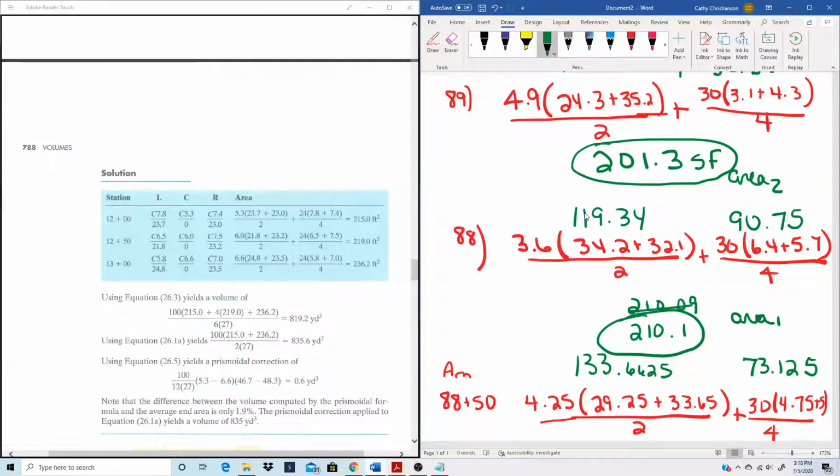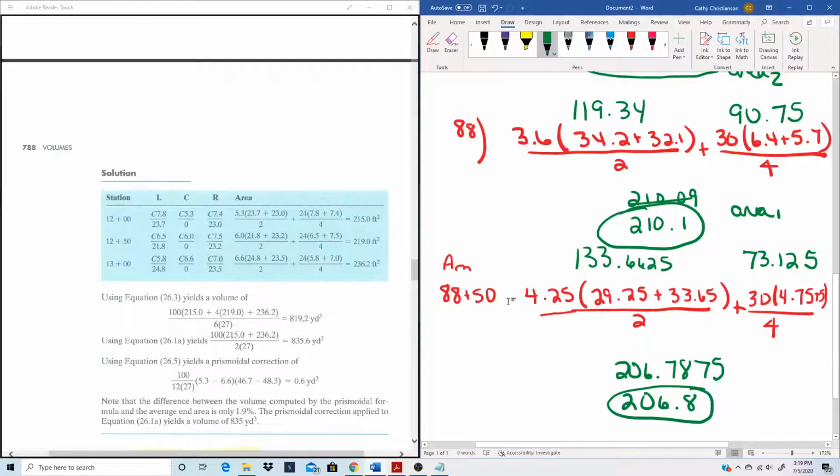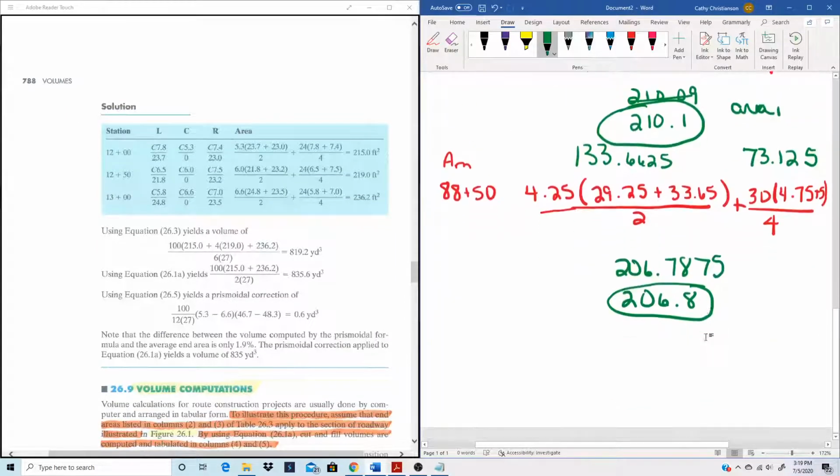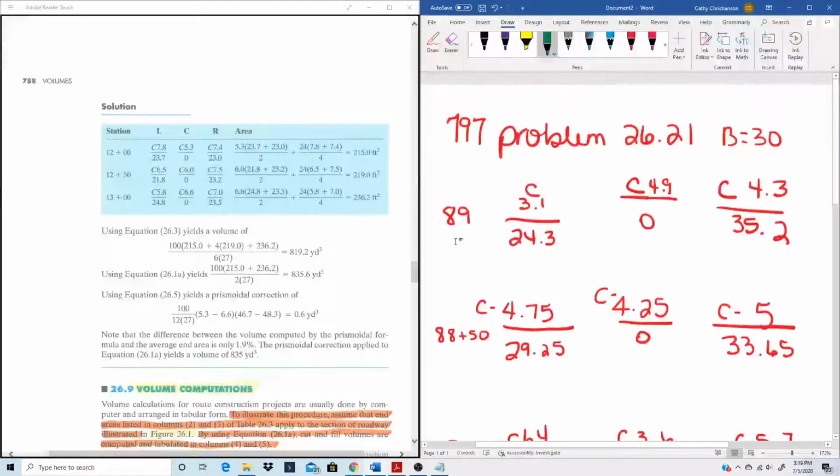It doesn't matter if you get A1 and A2 backwards, it's not going to make a difference. The area in the middle definitely would, so you want to make sure, and it's always going to be squarely in the middle. So since this was 100 feet, it was 50. If it was 60 feet, you would be 30. So we're doing an area in the middle. Okay, so now I'm going to go ahead and go back and use my formula right here. I have to scroll down.